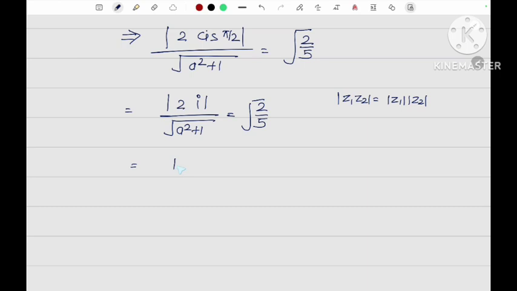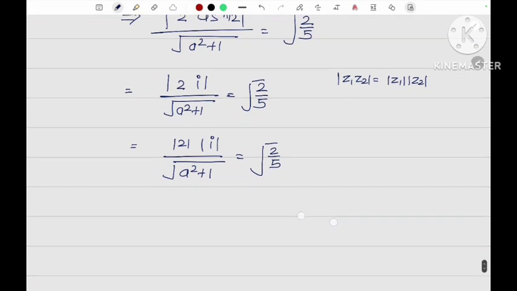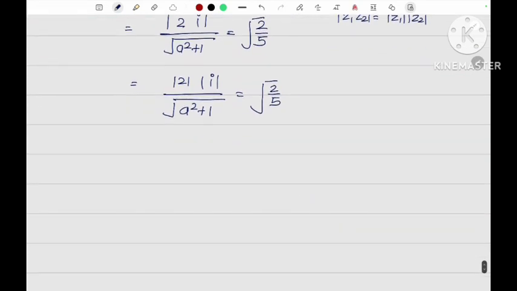So this will become mod of 2 into mod of i divided by root a square plus 1 is equal to root 2 by 5. And what is mod of i? Mod of i is 1, mod of 2 is 2. So this will become 2 divided by root a square plus 1 is equal to root 2 by 5.